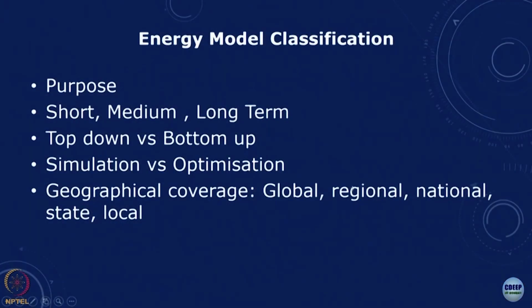We can minimize the total sum of costs, or minimize the emissions, or maximize the revenue, and things like that. So this is another way in which we can classify. We can also classify based on the geographical coverage. At the highest level is a world model. We can have regional models, we can have national models, state models, and local models.